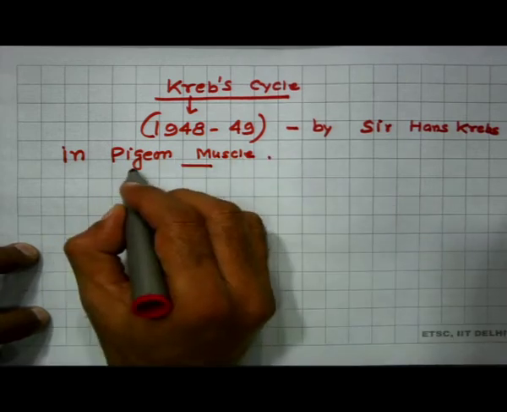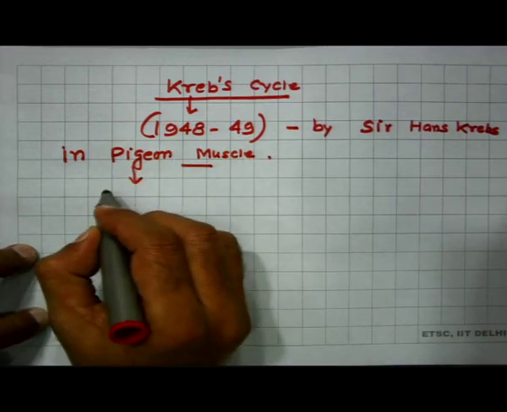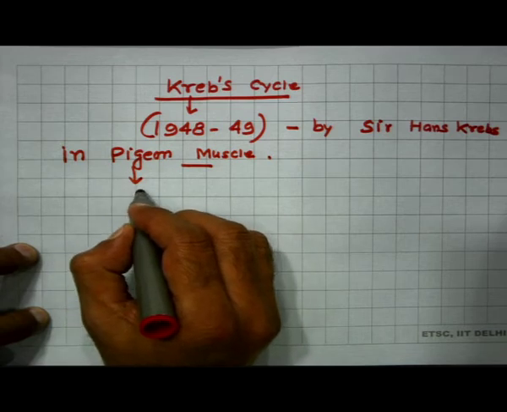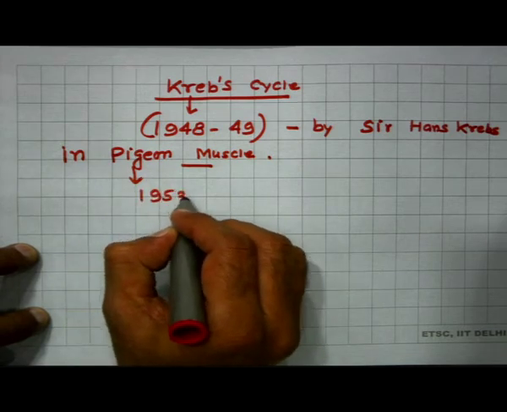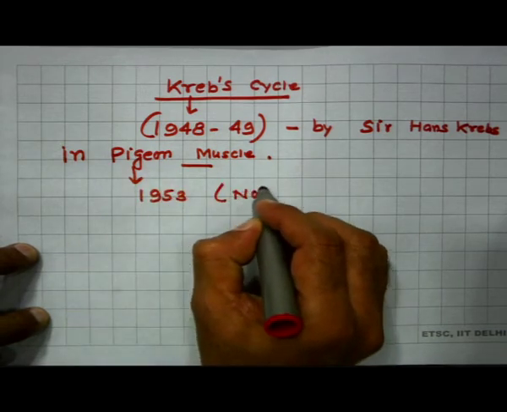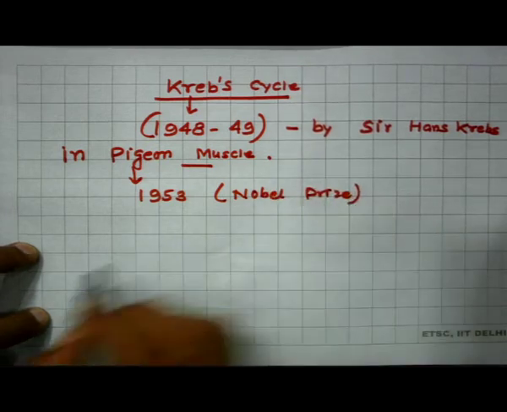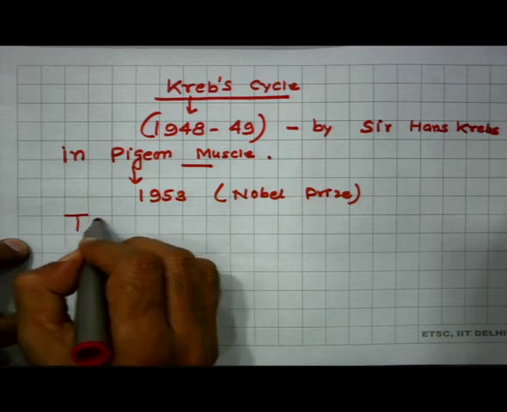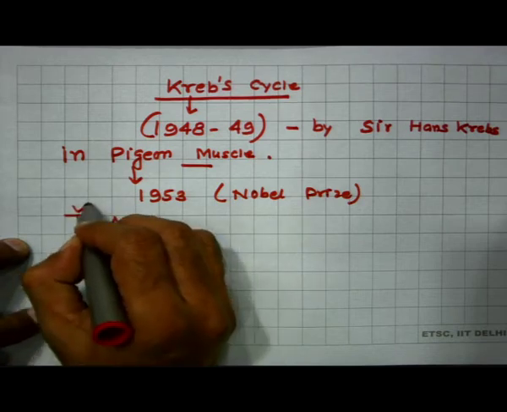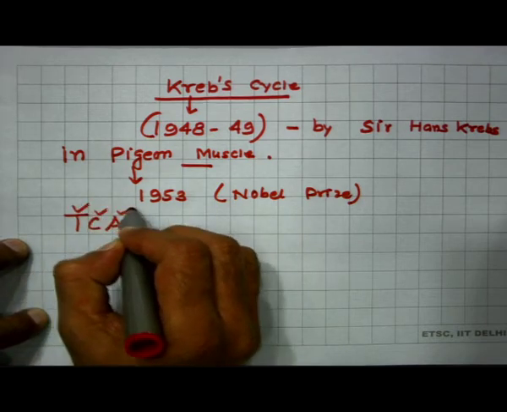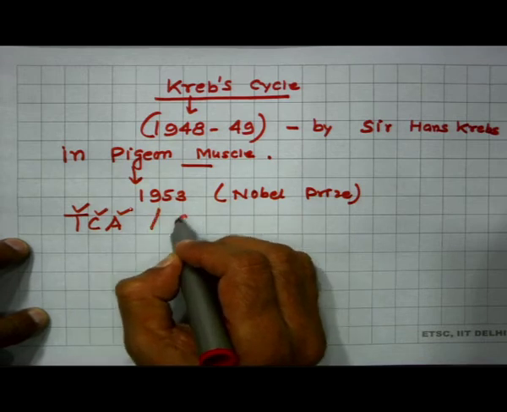For this, Krebs was awarded the Nobel Prize in 1953. It is called, as we have discussed, the TCA cycle, tricarboxylic acid cycle. It is also called the citric acid cycle.